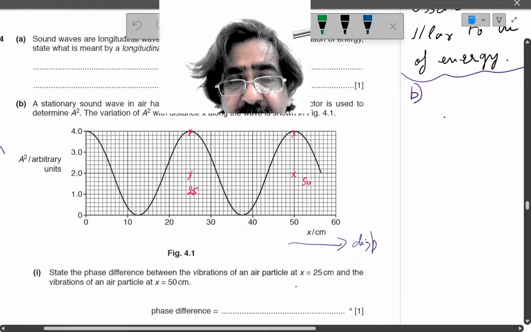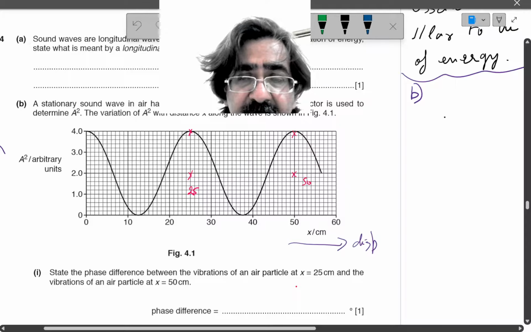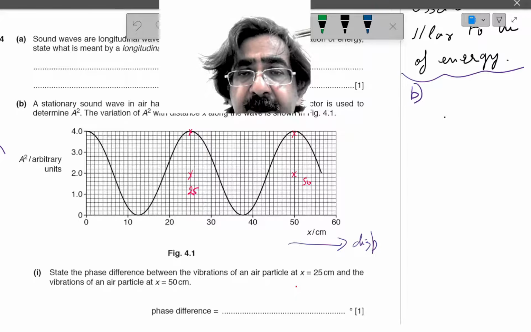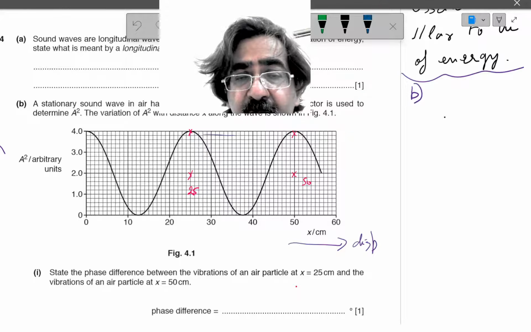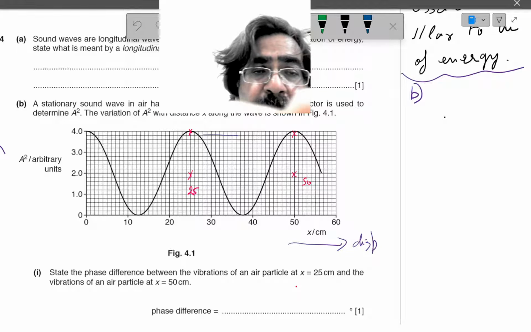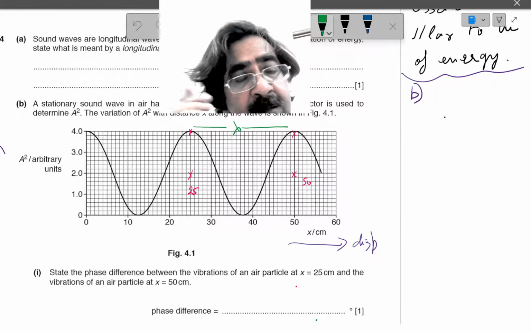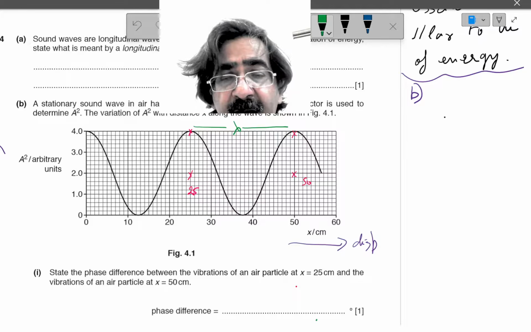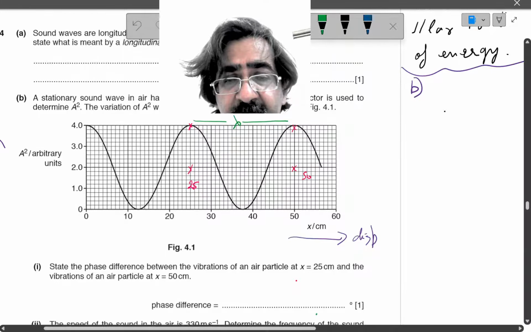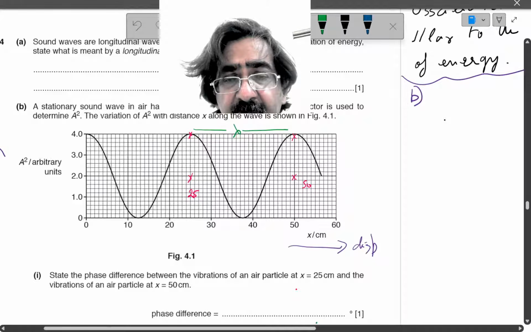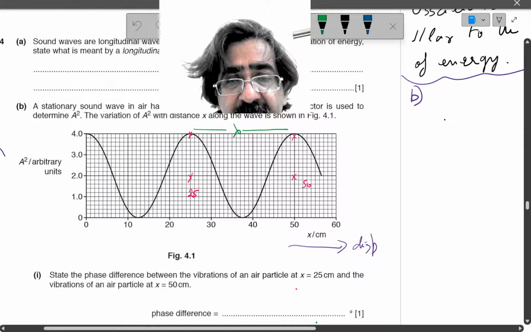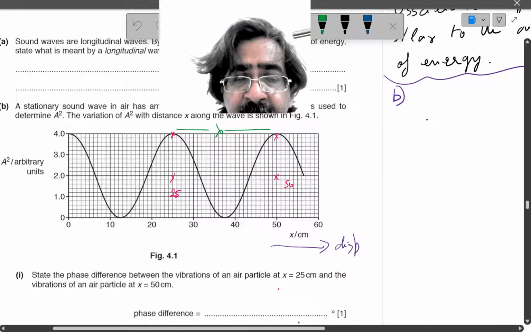The phase difference, as this increases and repeats again, will be equal to lambda, because both are maximum amplitude and repeating.